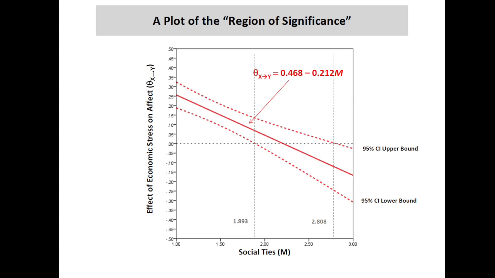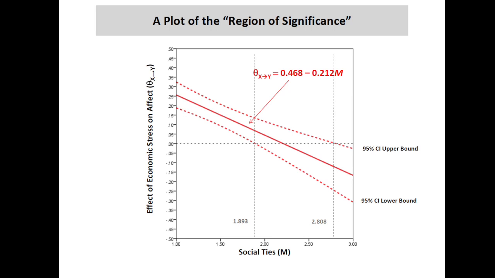And then I've placed confidence bands. I don't know how well you can see it with the gray, but 1.893, there's a line going up there, and then 2.80, there's a line going up there. What you should notice is that the confidence interval includes 0 between those two values. That is the confidence interval for theta xy. For values of social ties between those, the confidence interval includes 0.